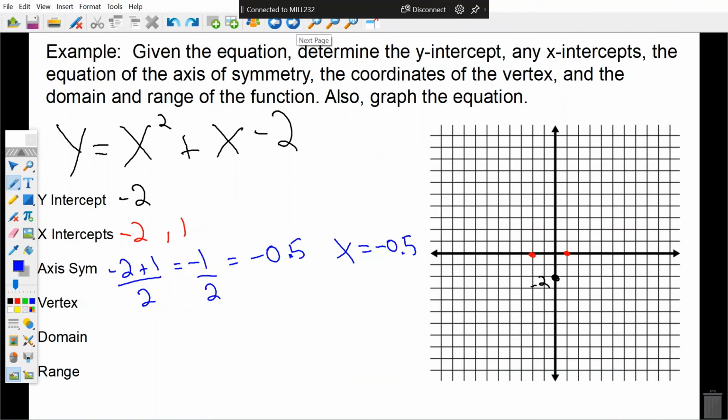So we know our vertex is, let's use green for the vertex. We know the vertex has got negative 0.5 as the x value, but we don't know what the y value is. So what we're going to do to find that is plug it into our equation. I'm going to go to a new slide again.